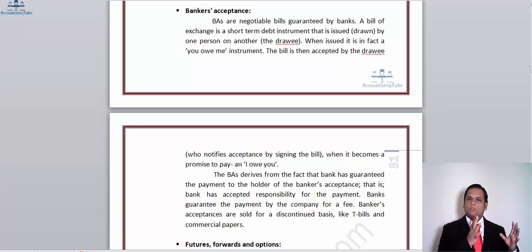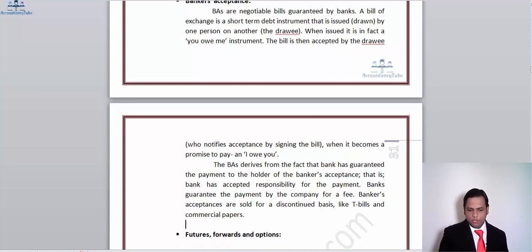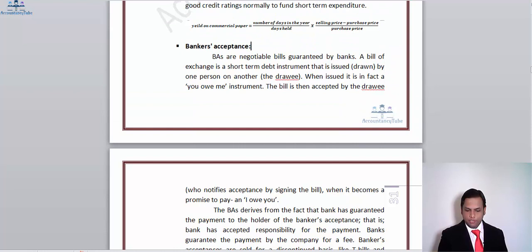Other than that, the point when the goods are loaded onto the ship is the point of exchange actually, and the amount is then given to the exporter. That's the whole phenomenon of a letter of credit. I'll be explaining it again in a later topic when we go to working capital.